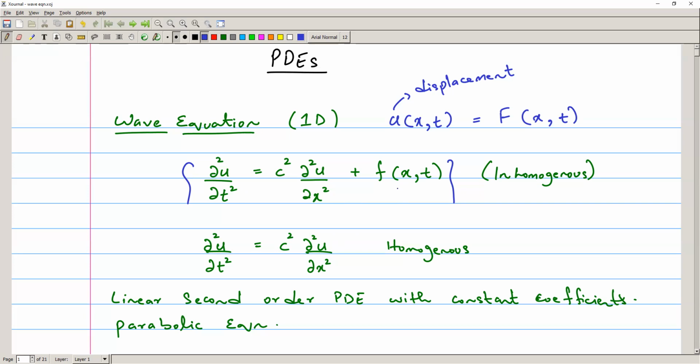So if the function of x, t is given in the equation, then we call it a non-homogeneous, as we did in our previous practices. And if this is equal to 0, then we call it homogeneous equation. So this f(x, t) represents some external source applied on the string, right?